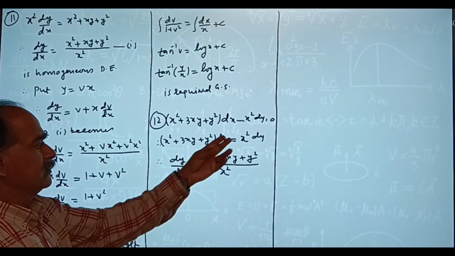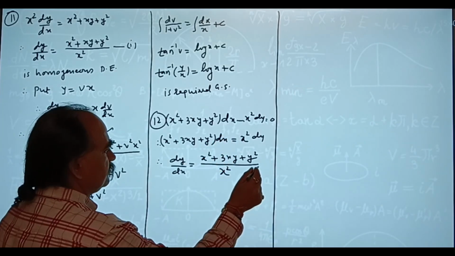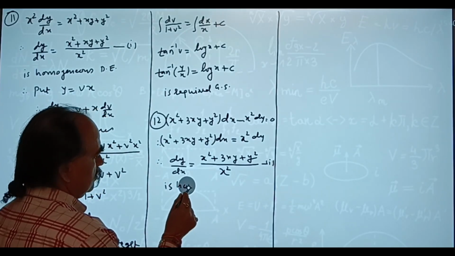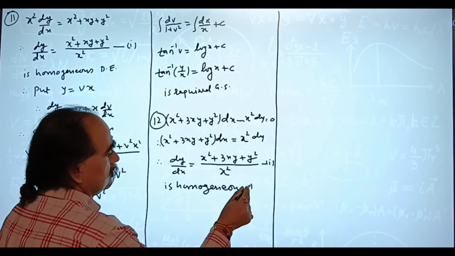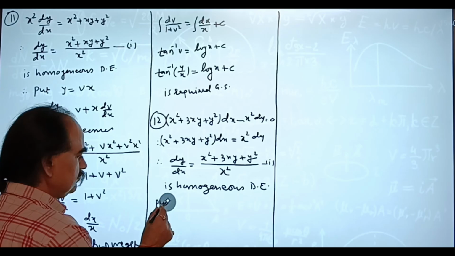This I had transferred, then x square I had divided on this side. Is homogeneous differential equation.